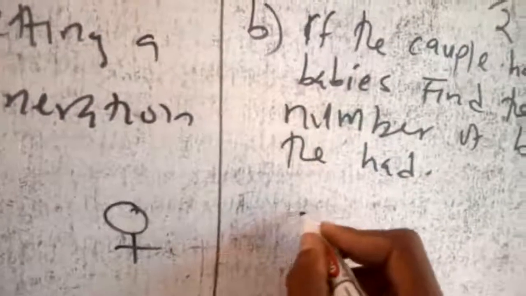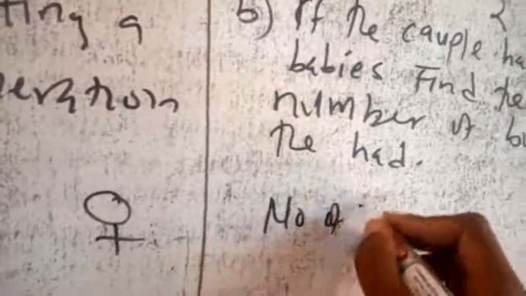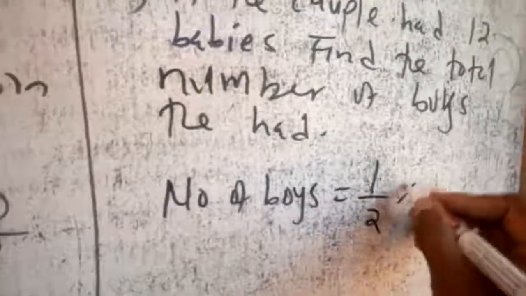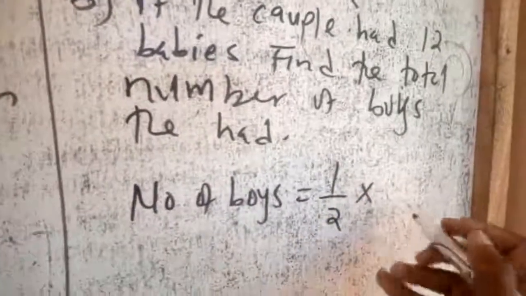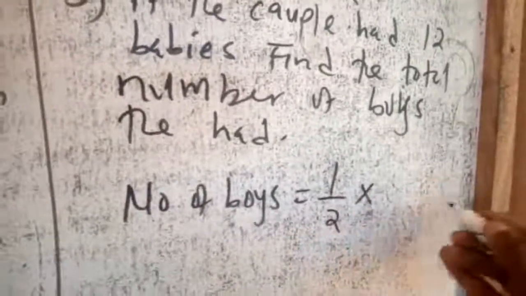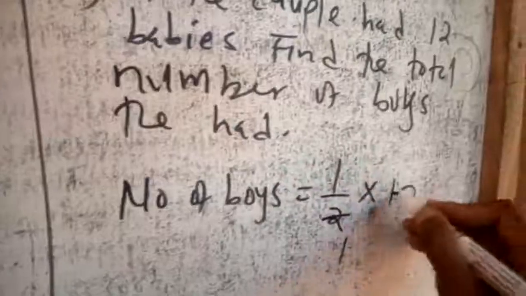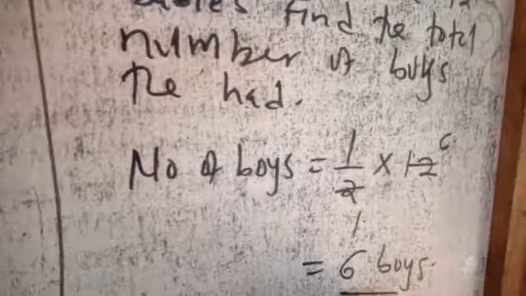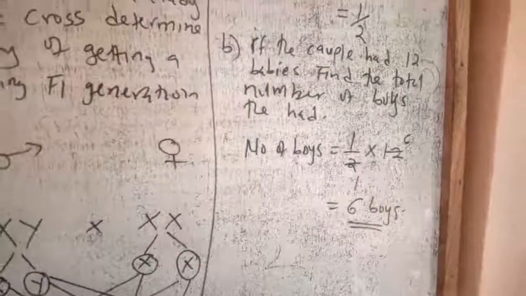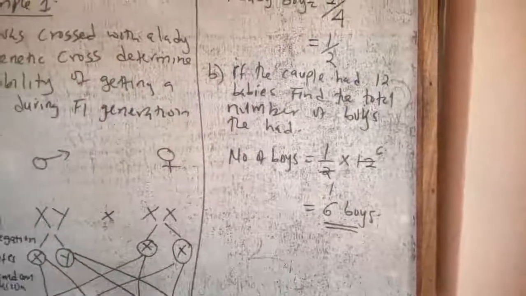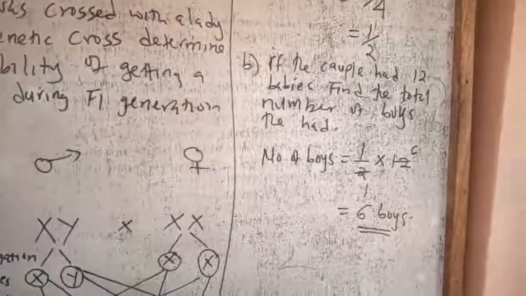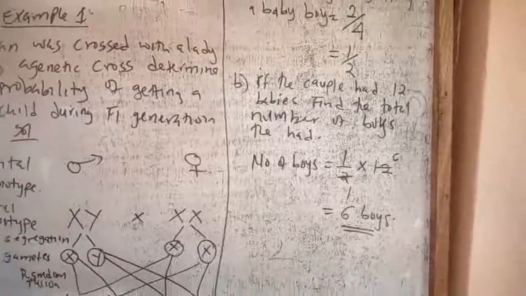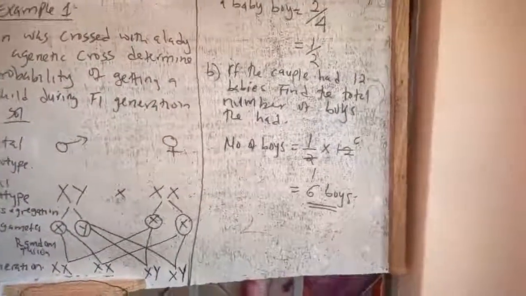The number of boys is given by the probability of having a boy, which is a half, multiplied by the total number of children, which is 12. By 2 1, by 2 6, so you will get the answer as 6 boys. That couple will be in a position of having 6 boys and also 6 girls, because the total you are given is 12.